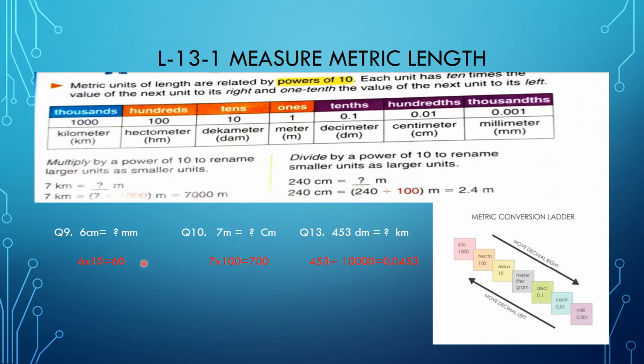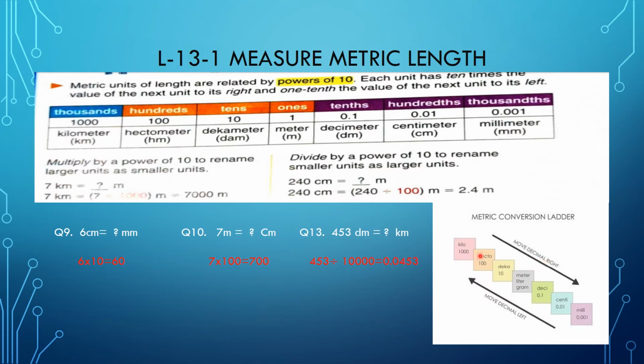You can see in this question, in the first one, 7 kilometer is converted into meter. Where is the kilometer? Here. Where is the meter? That means you are moving down, that means right.